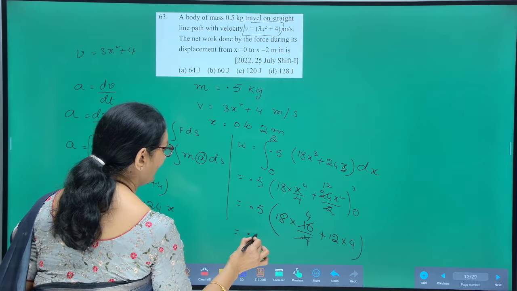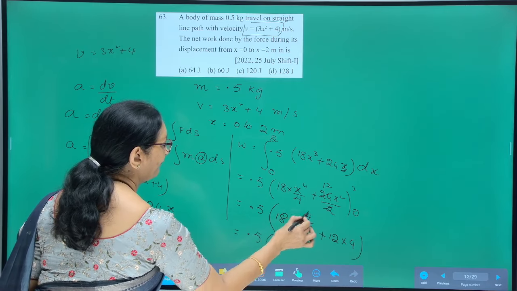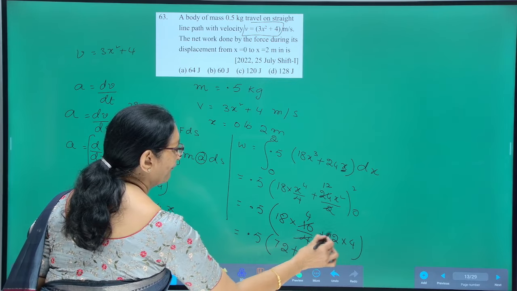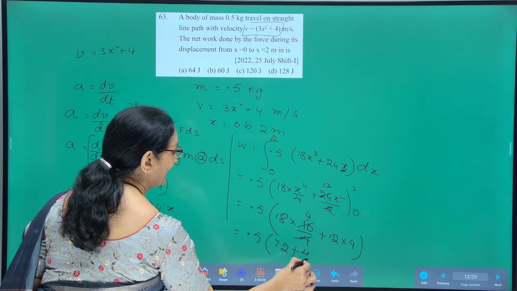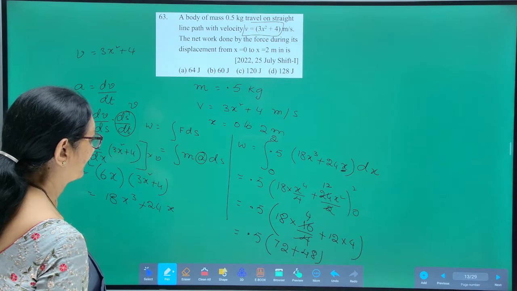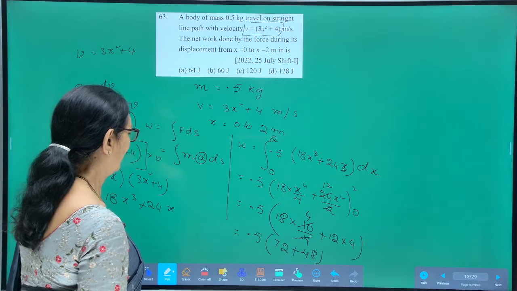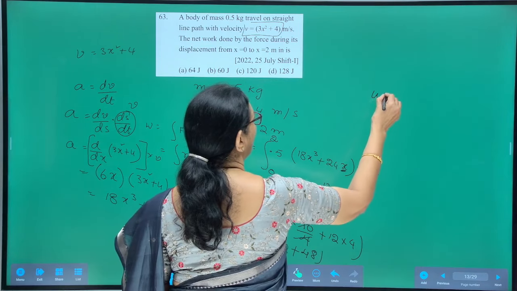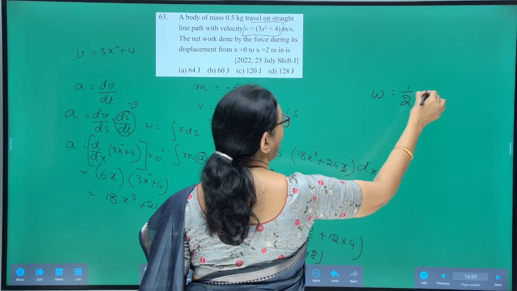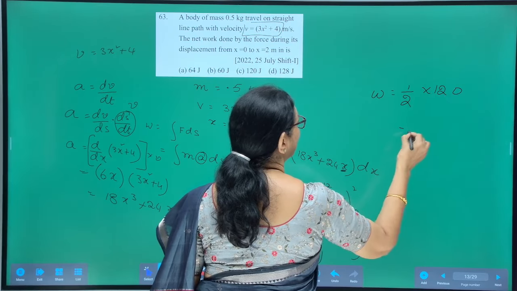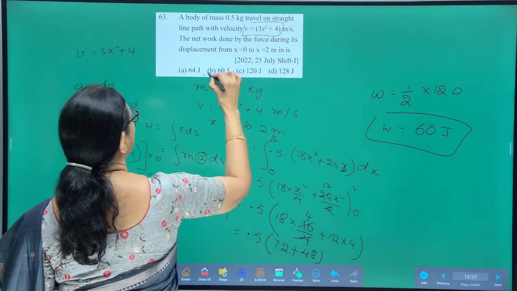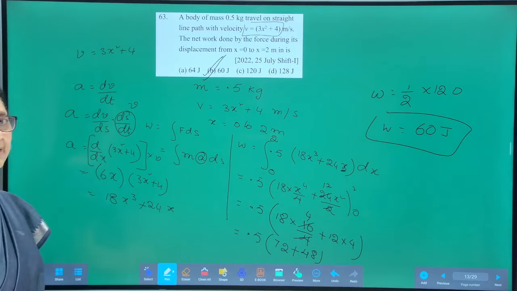So, this is 0.5 into 18 4s are 72 plus 4 12s are 48. 72 plus 48 is 120. So, W is equal to 0.5, half of 120, that is equal to 60 joules. So, work done is equal to 60 joules.